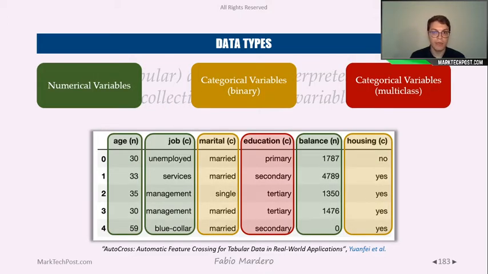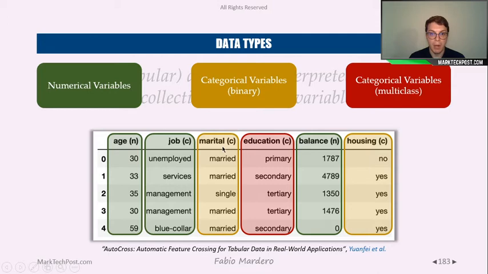We can find 2 or 3 types of variables, depending on the definition. We have the numerical variables and then the categorical variables, which can be divided into binary categorical variables and multi-class categorical variables. So for example, here the age and the balance are numerical variables.